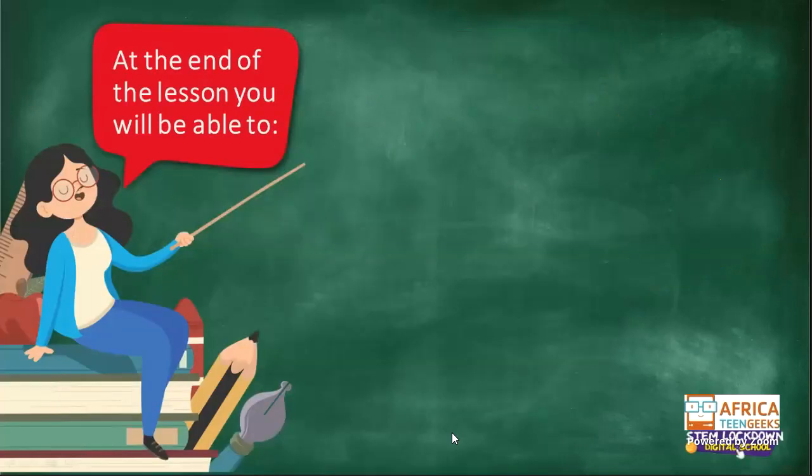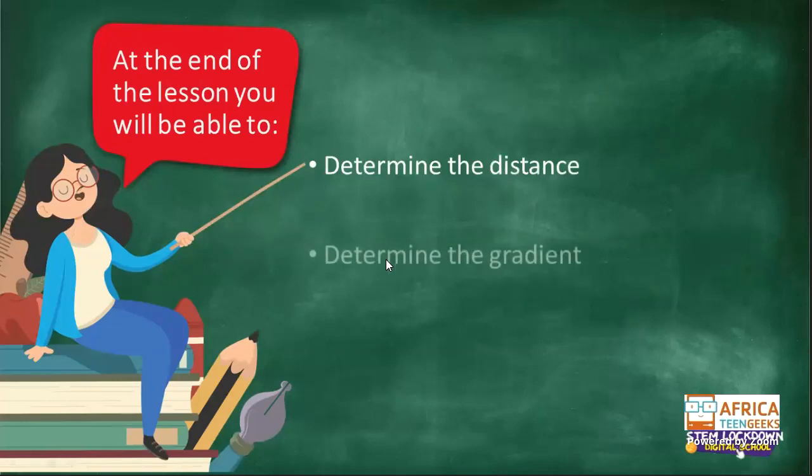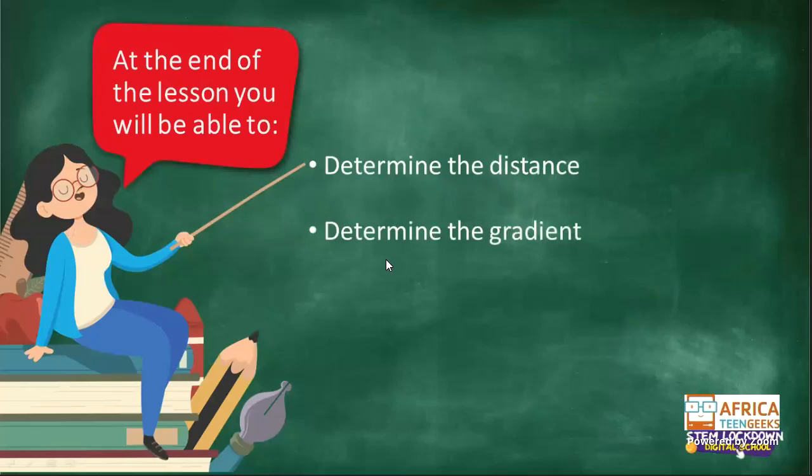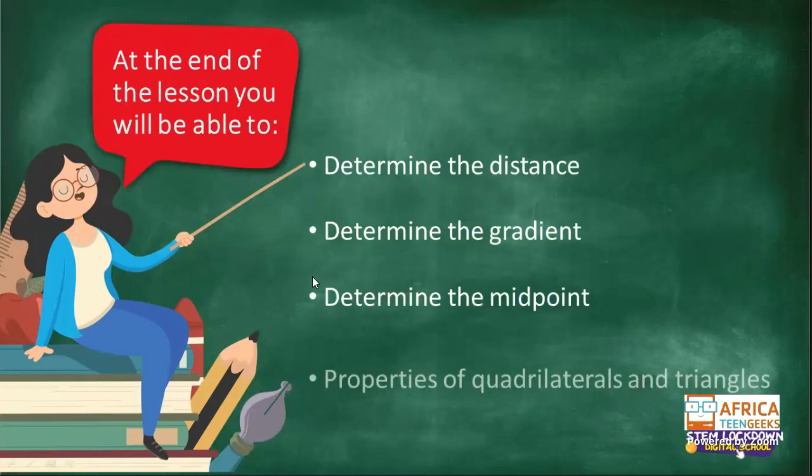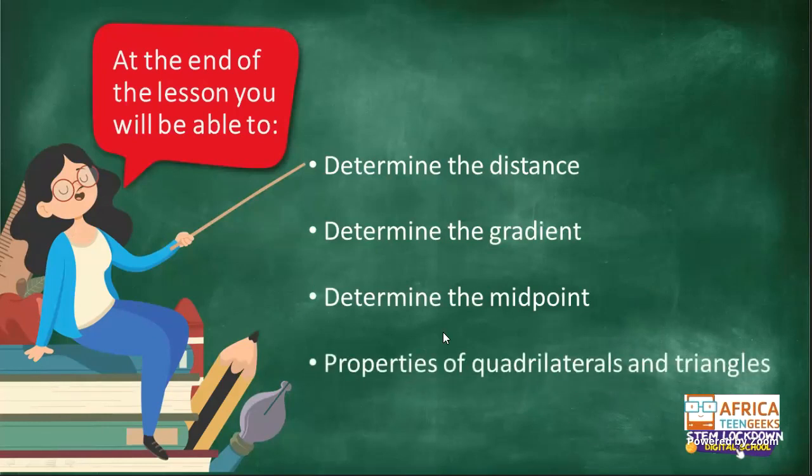Okay. So we're still working on question papers. We're still using our distance formula, our gradient, how to calculate the gradient between 2 points, the midpoint, and also using properties of quadrilaterals.